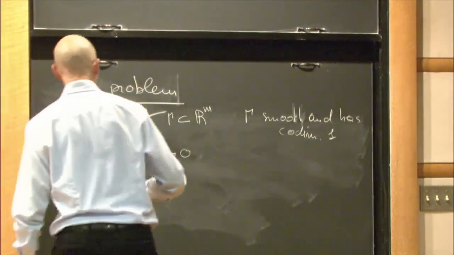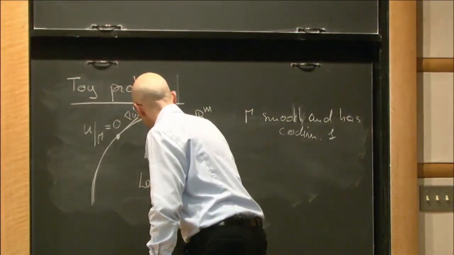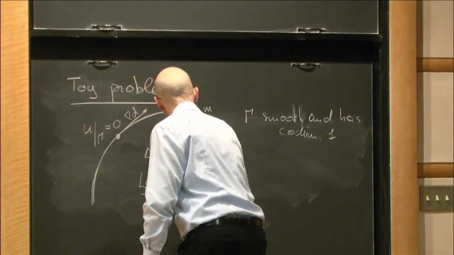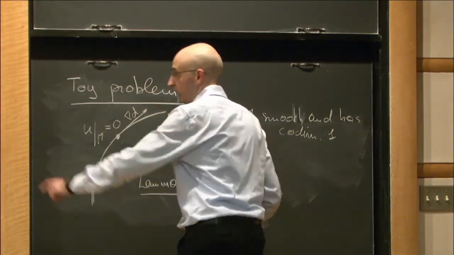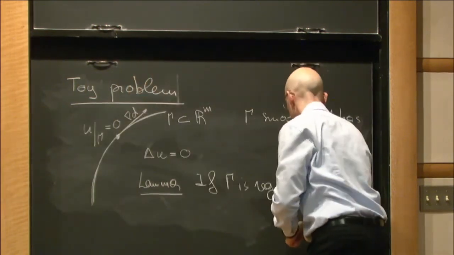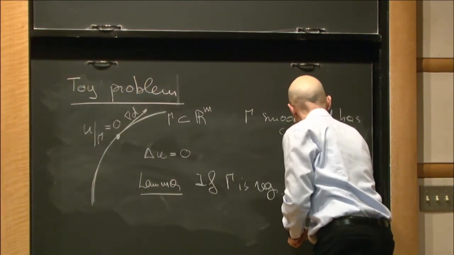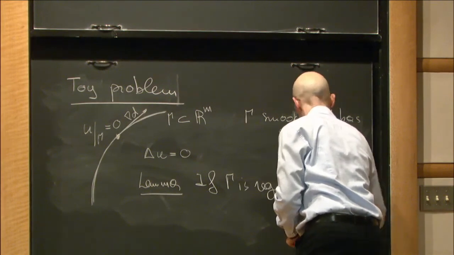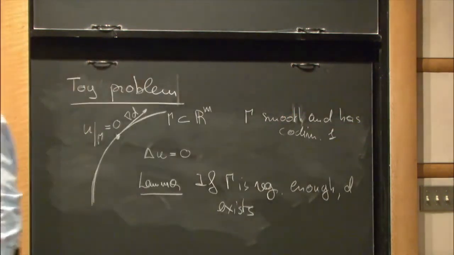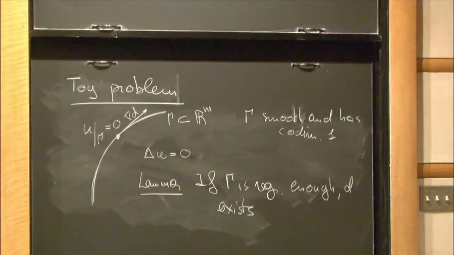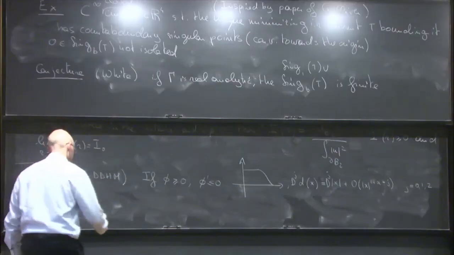But there will be a little lemma which tells you if gamma is regular enough, such a d as over there exists, then the cute thing is that you can write a perturbation of the frequency function which looks like this.